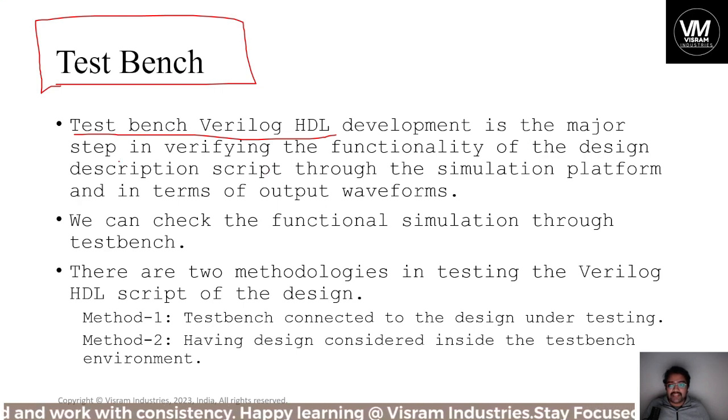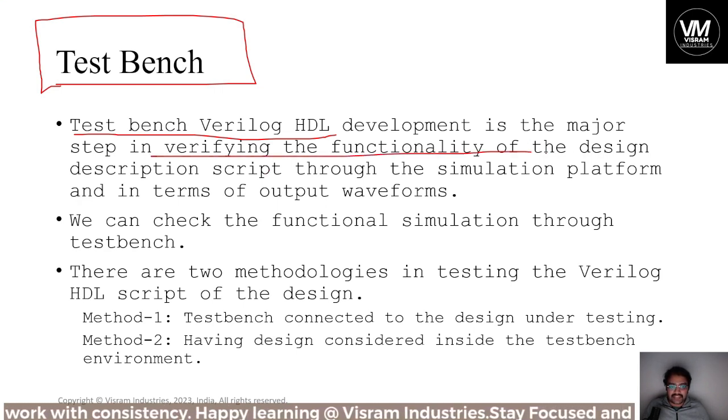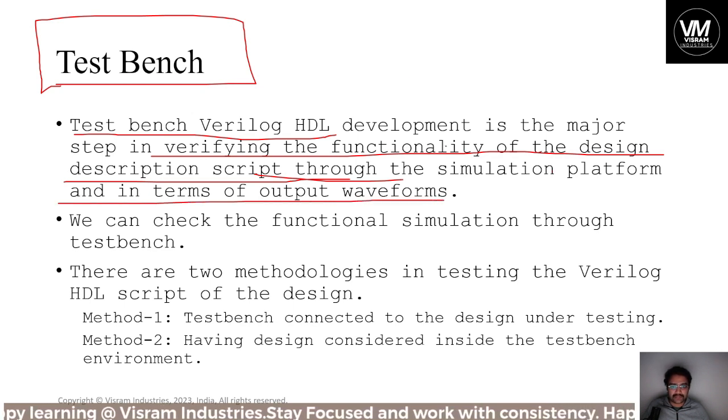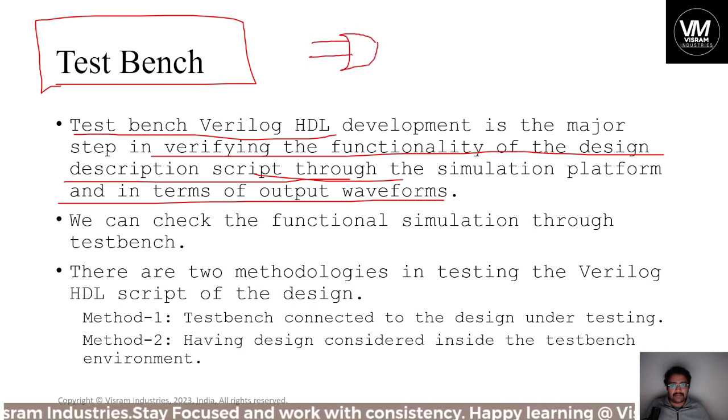This is the major step in verifying the functionality of the design description script through the simulation platform, in terms of output waveforms. For example, you have a circuit of an OR gate with two inputs and one output. What is the functionality of this OR operation? 1 or 1, you will get the output of 1.